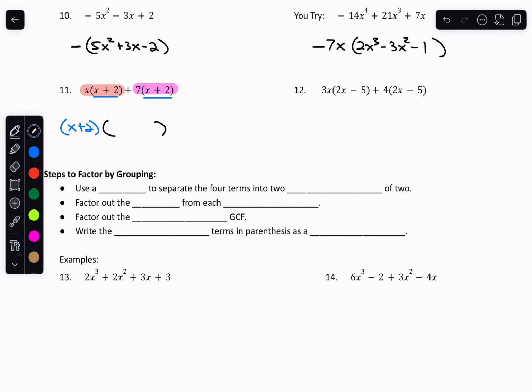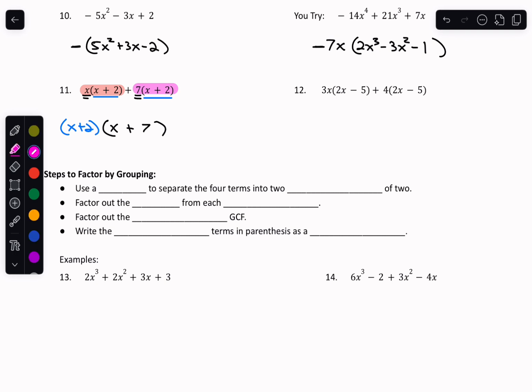When I divide x times x plus 2 by x plus 2, all I'm left with is the x in front. So I just put an x there. When I divide 7 times x plus 2 by x plus 2, all I'm left with is the 7 in front, and so it's a positive 7. So I'll write plus 7 there.